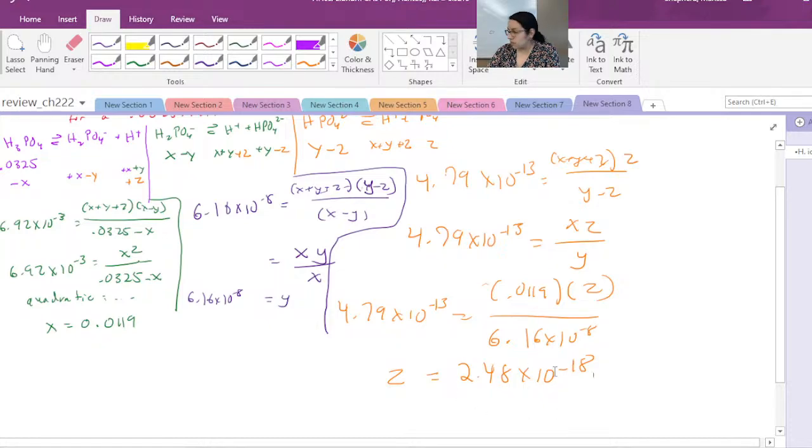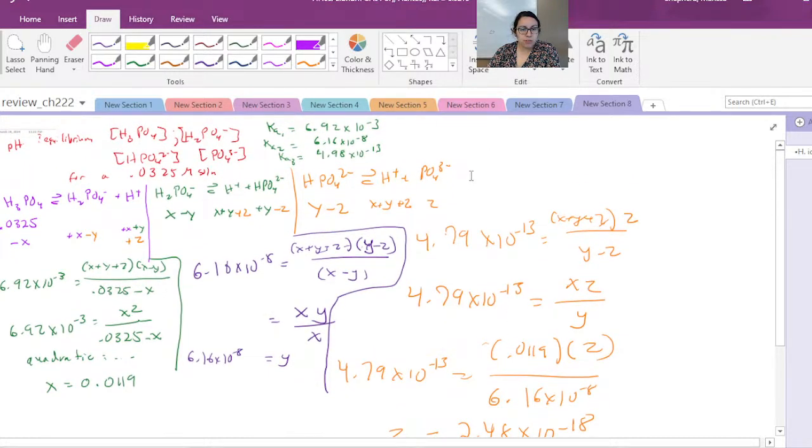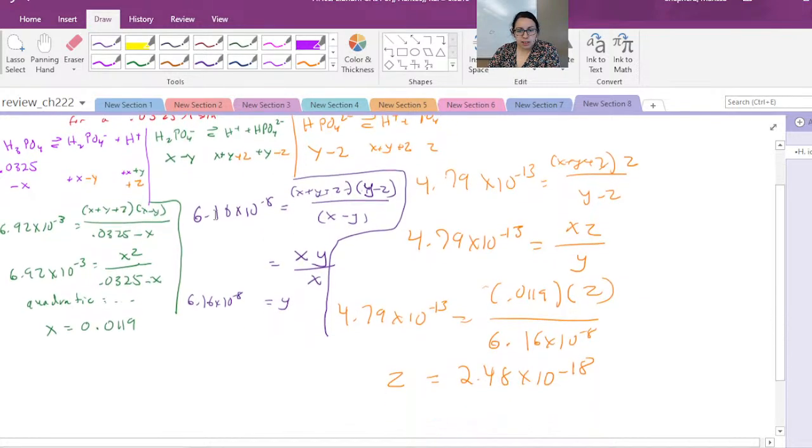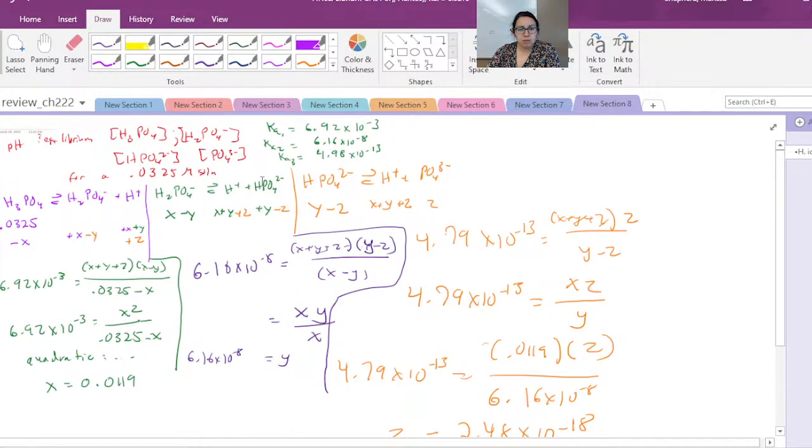So this is essentially your phosphate. You can do the math, y minus z for this one. Of course, right now we're seeing z is so small that you probably don't even need to do the math, so it's essentially equal to y with our HPO4 species.